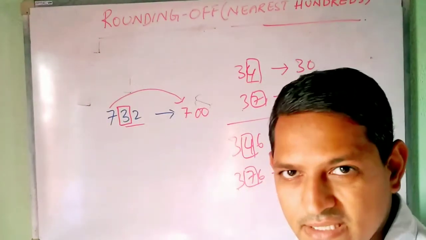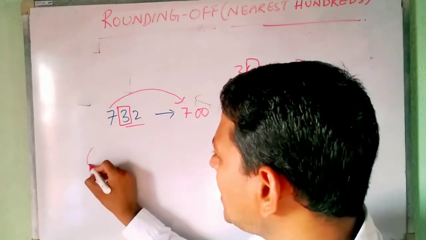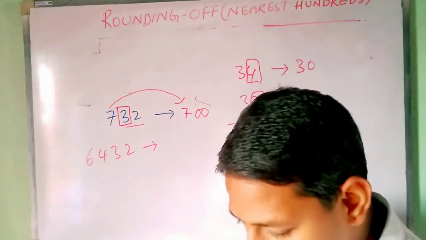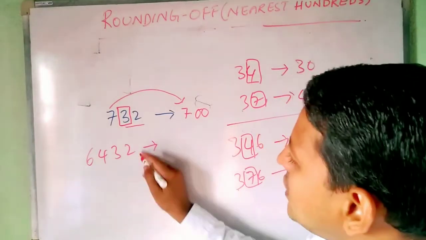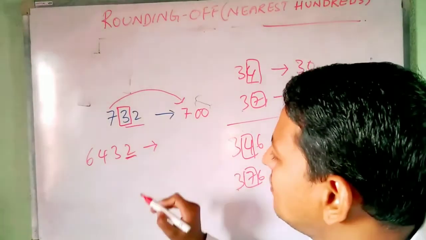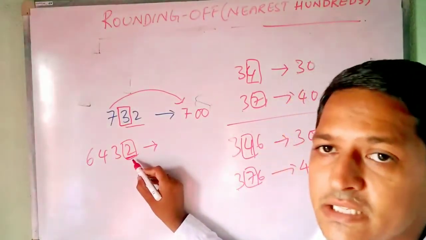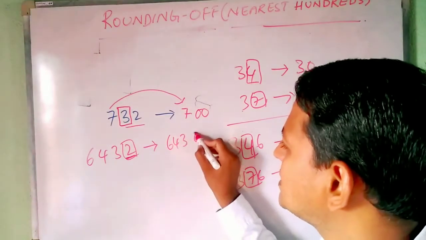Now I'll take one example and round off to the nearest 10 as well as 100. Like 6432. When rounded off to the nearest 10, we see the ones place, which is 2, less than 5. So we write the same number 643 and place 0.